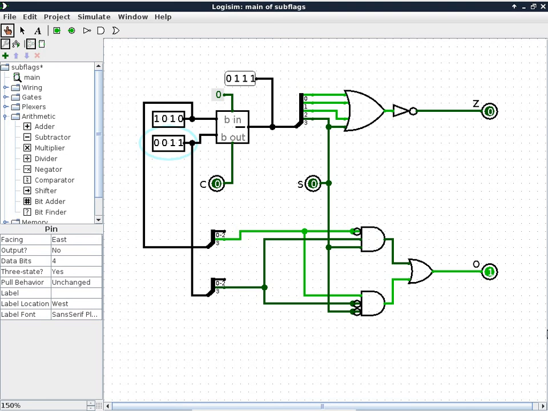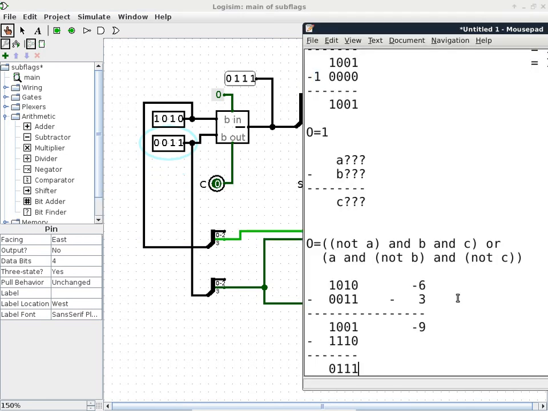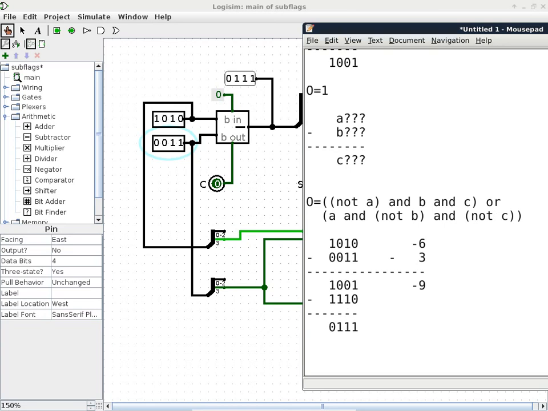Okay, so let's go through some of the subtraction here, or comparison here, and we want to find out whether the result is greater than, less than, or equal to, and so on, and how the flags would be able to tell us the result of the comparison. In this case, signed versus unsigned makes a lot of difference.